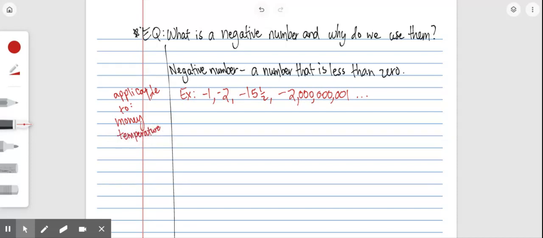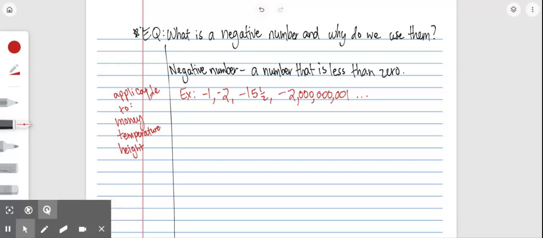Because when you're at a really cold temperature, sometimes it can be negative degrees outside. Negative numbers apply to height. Because in our world, we call sea level 0. And so anything below sea level is a negative number. So as soon as you get into the ocean and you go under the waves, you're at a negative height.